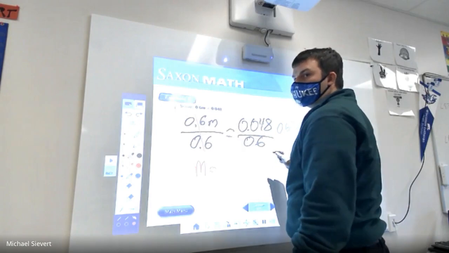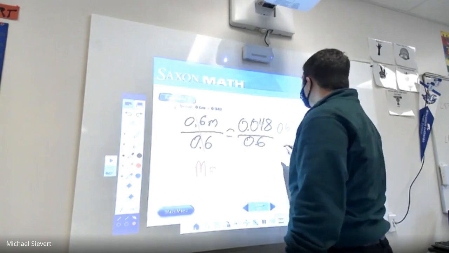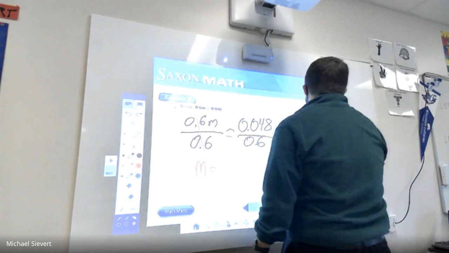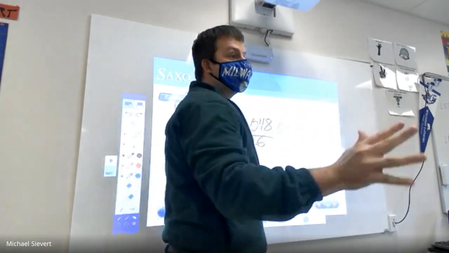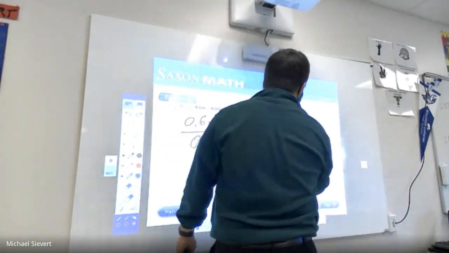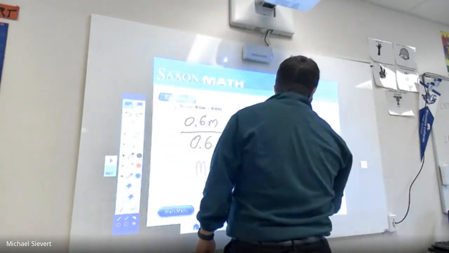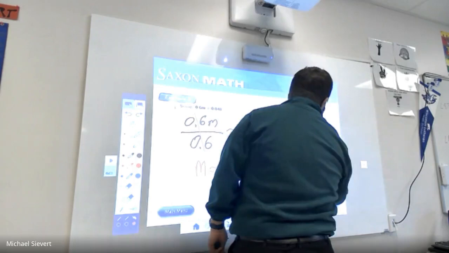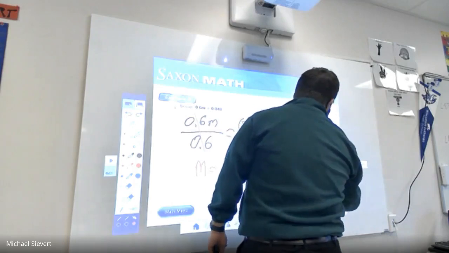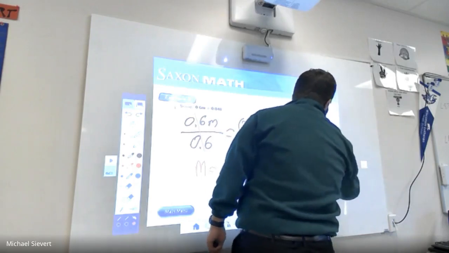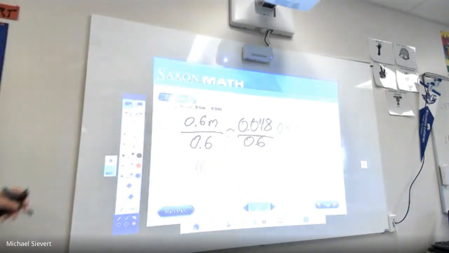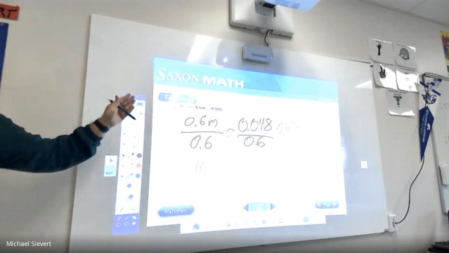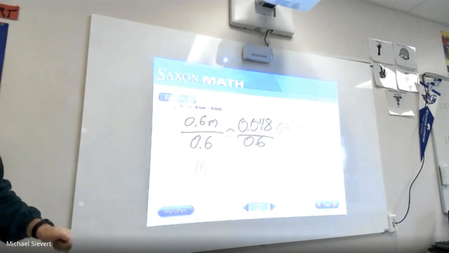The next one will be a deduction. Do you understand? You move the decimal over the number of times to make this 6 into a whole number by itself. So you want to get a 6, which means you had to move it over once. So now you got 0.48. All right. That's how you have to do it. You have to move the decimal over if the number outside the house is a decimal.